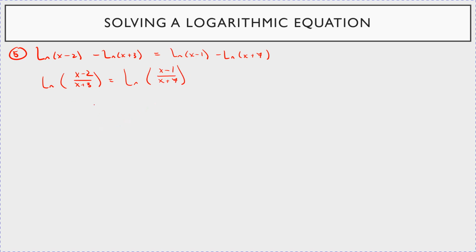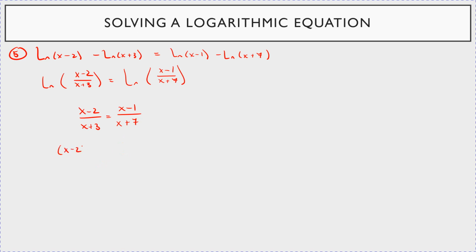Now look, bases are the same. So you just have to solve this. x minus 2 over x plus 3 is equal to x minus 1 over x plus 7. Well, how do you solve this, right? You cross multiply.